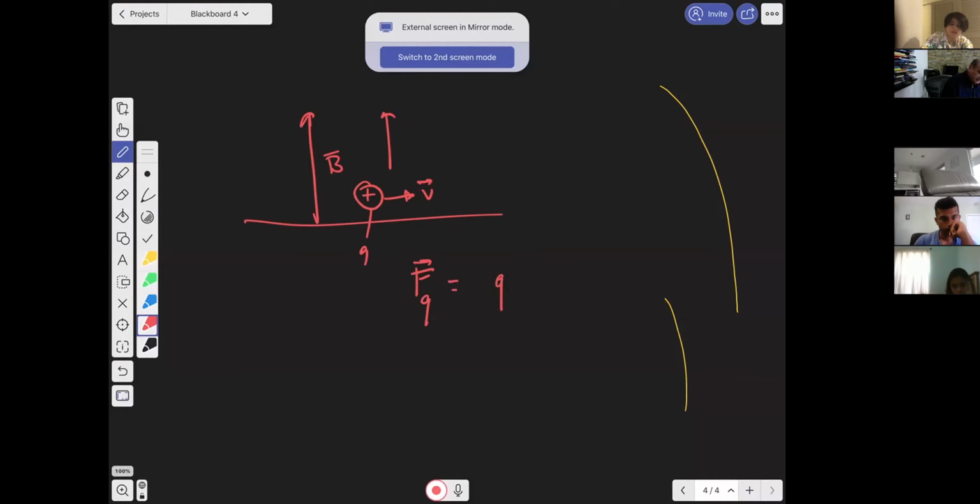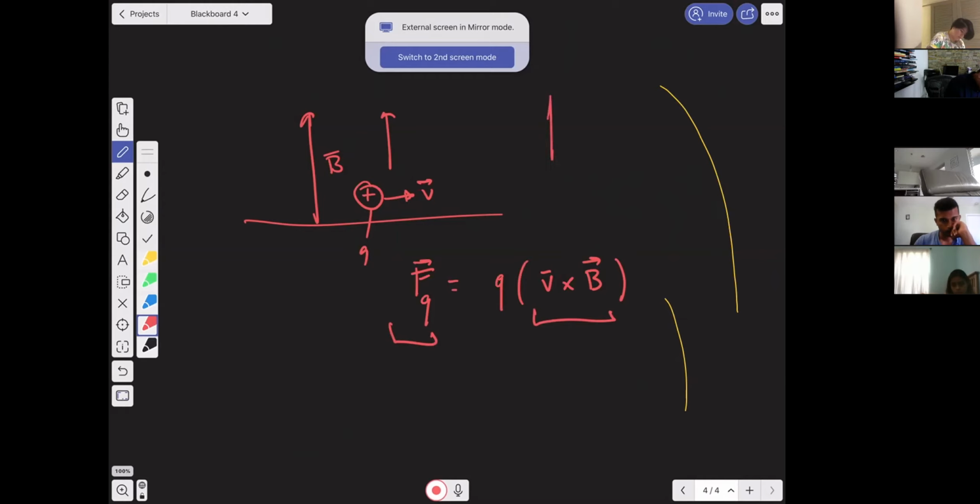Q is proportional to the charge, more charge, more force, but the crucial quantity is the cross product of the velocity and the magnetic field. The cross product of two vectors will create a new vector. And what vector will be in this case? The force acting on the particle.